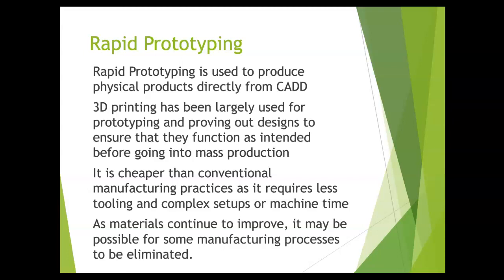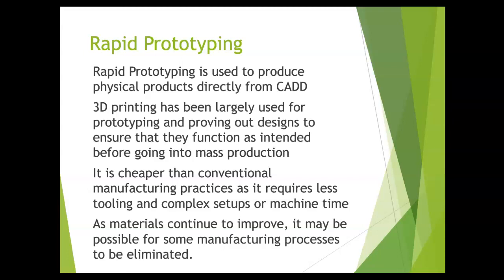It's often used because it's cheaper than conventional manufacturing practices of the past, where all of those parts would be done in a tool room or tool shop by highly skilled and trained machinists to basically make every part first and then assemble it to make sure and prove it out before actually going into mass production on the parts. In this case, a lot of that can be done, and we can prove a working concept by printing out the product and taking it off of the 3D printing machines.